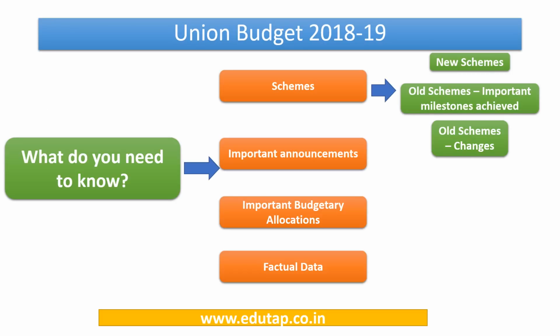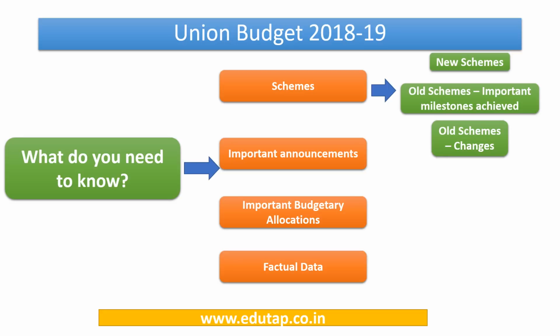Now basically when we see this Union Budget document, what are the things that we need to know from the exam point of view? Friends, it is a very lengthy document, so everything under the sun need not be covered. What we need to do is concentrate on this document from the exam point of view. So let us see what are the things which are very important.